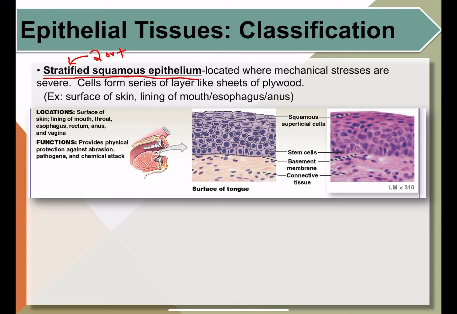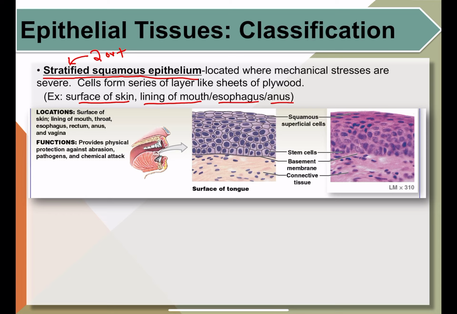In areas more prone to a lot of mechanical stress, there will be multiple layers of cells. Examples include surfaces of your skin, lining of your mouth, esophagus, and anus. Those are areas of the body where things are moving past those tissues consistently.